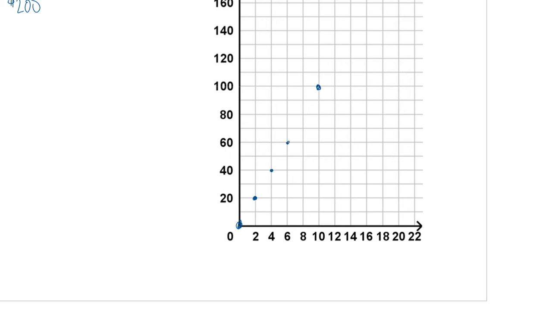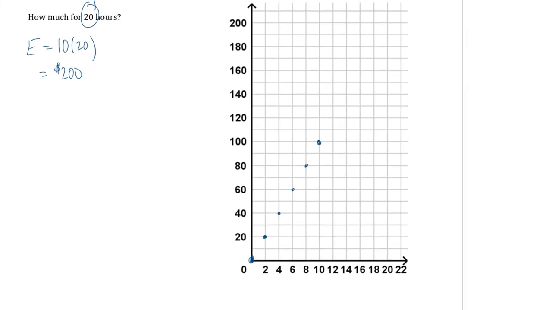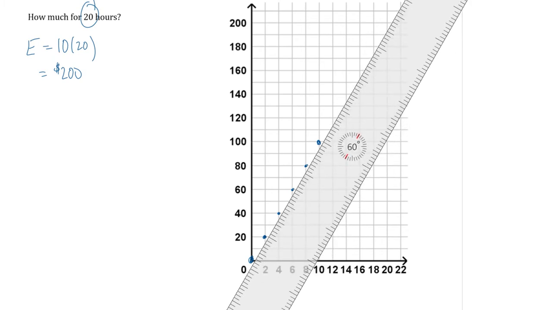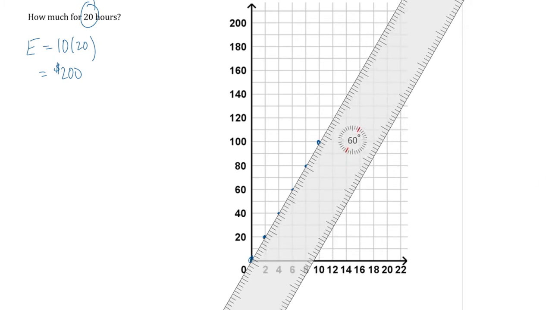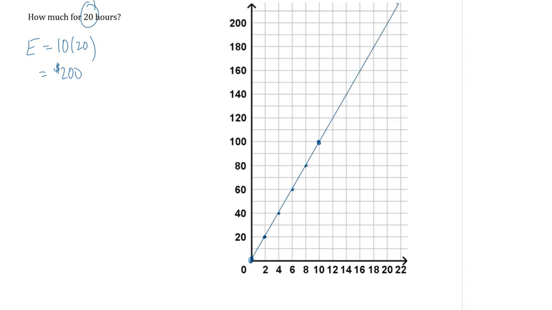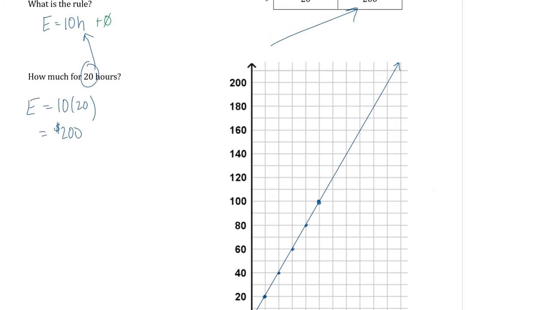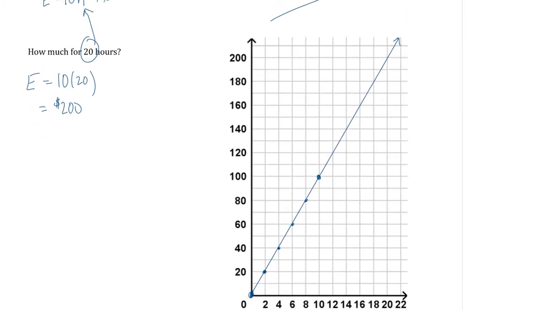Okay, and I'm going to find some points there and get my ruler and draw my line. Okay, and 20's, oh, 20 is on here. So 20, follow it up, and if my line is correct, follow it over to 200.